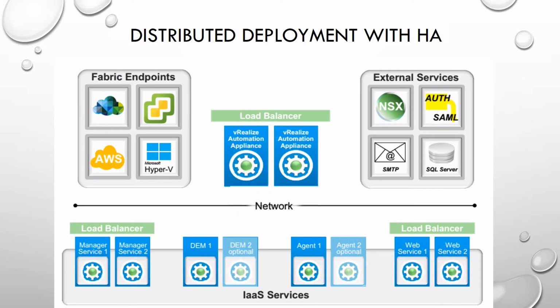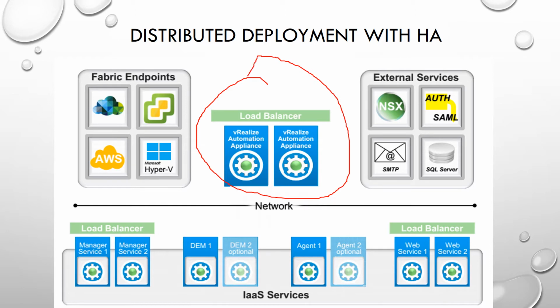As for the distributed deployment with high availability, all the components are clubbed and distributed on different virtual machines, same as in the distributed deployment without high availability, but there are multiple instances of each virtual machine running behind a load balancer to provide high availability. For example, you can have 2 or more virtual appliances running behind a load balancer.